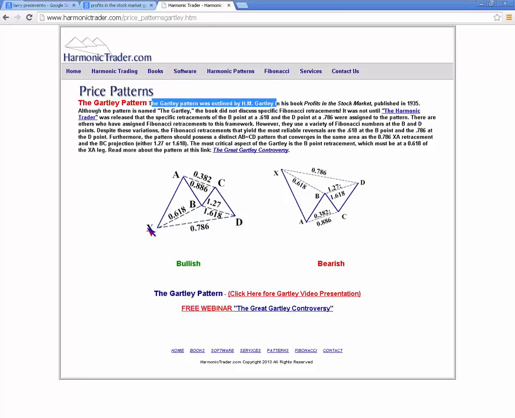And then the other criteria, and this is the main criteria I like to watch, is that X low, A high down to D is a 786 retracement. All right, so you have within the structure these ratios that all work together. When these ratios all line up, then you have a pattern.